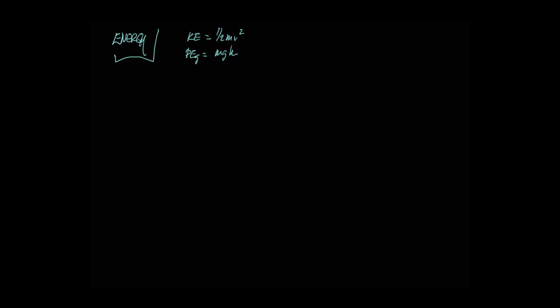We're in the middle of talking about energy, and we're just going to do a silly problem here today. Let's say we are going to eat a piece of cake. There's my piece of cake. We'll put some icing on it.